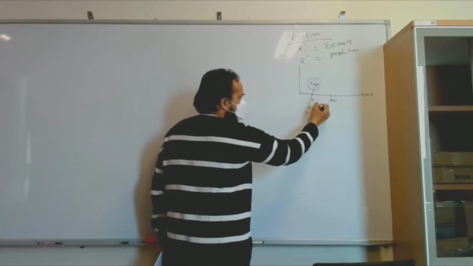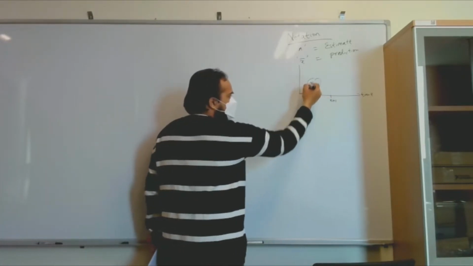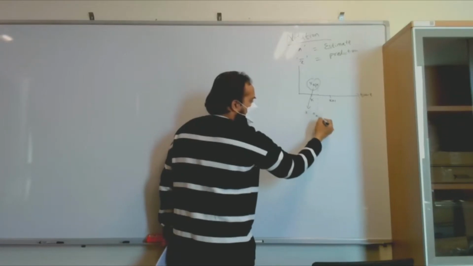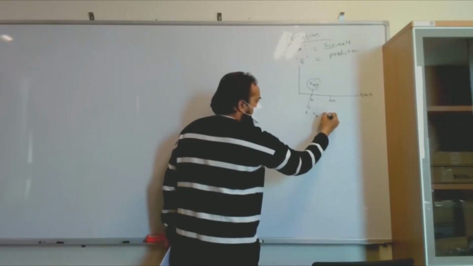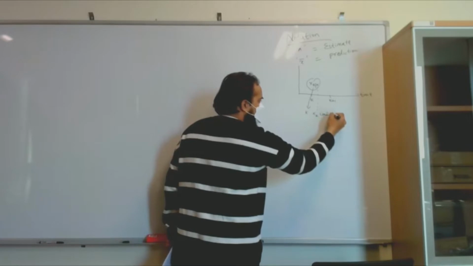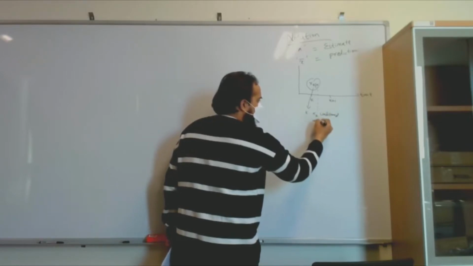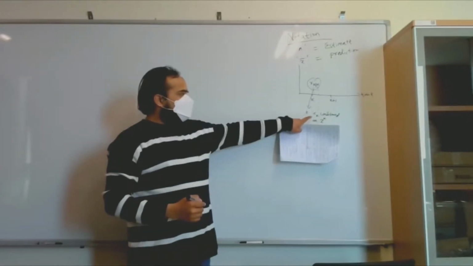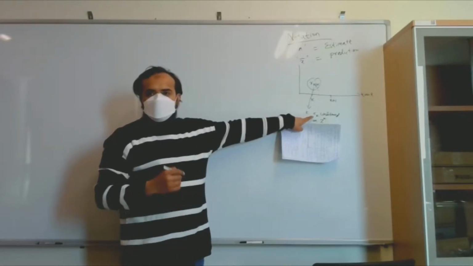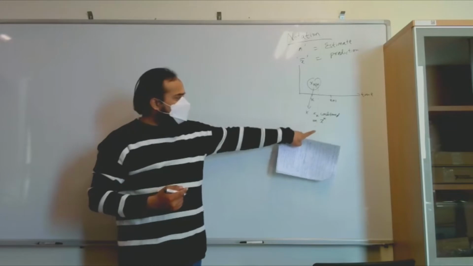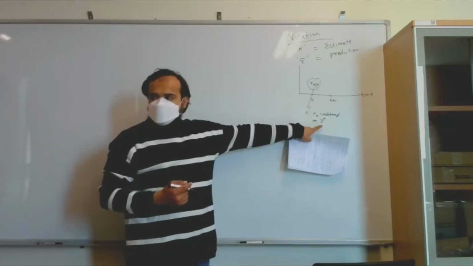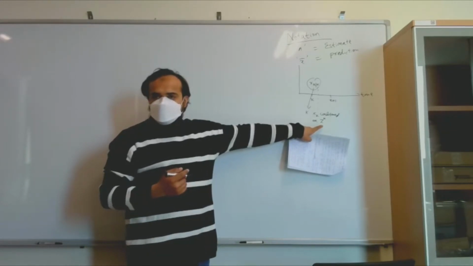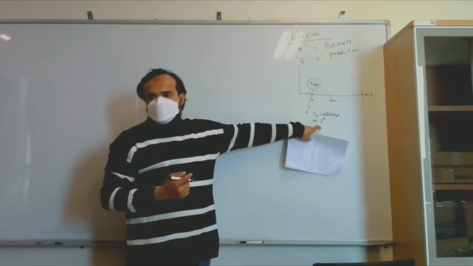This k shows that x of k is conditioned on z of k, meaning the value of x of k is estimated using the sensor measurement received in scan k.